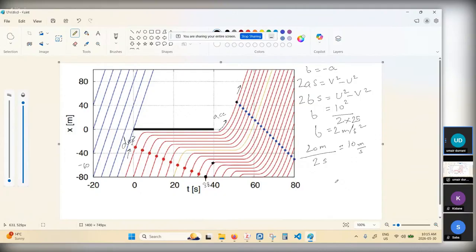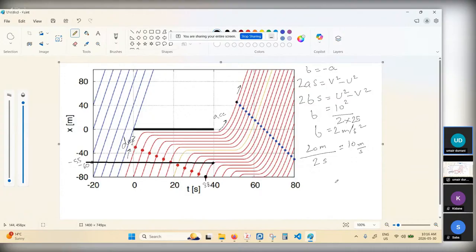And if you look at the distance, this is minus 80. And this, in my approximation, is about 60, but it may not be. It may be 55. If we take something like this, this may be about minus 55 meters, because 60 is in the middle of 40 and 80. This is 40 meters. So the half of it would be 60, and just above 60 would be about minus 55.